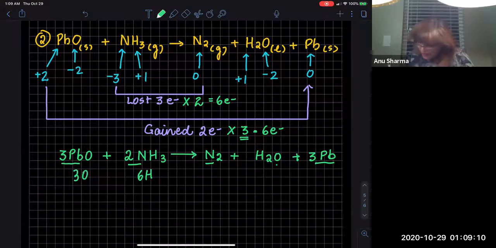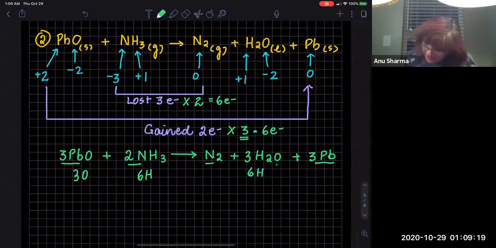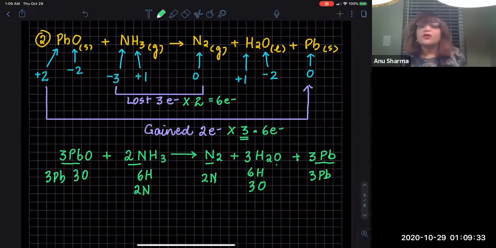So in order to balance that, we are going to put 3 in front of water. That makes the hydrogen also 6. So 6 hydrogens, 3 oxygens, 3 leads, 2 nitrogens, 2 nitrogens, 3 oxygens, and 3 leads. So that balances the whole equation.